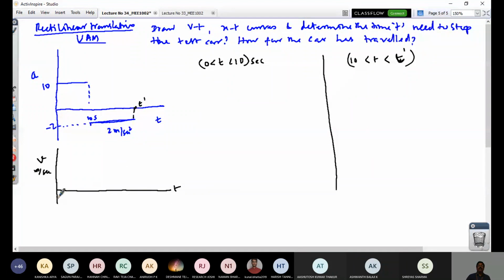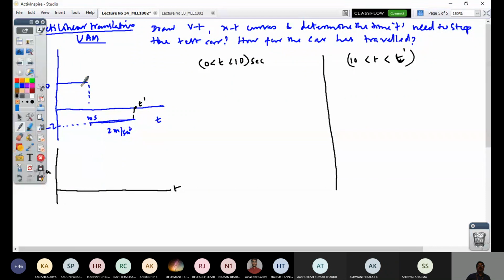Now what is my velocity variation? Since here it's constant acceleration, I know a is given by dv by dt, where a is not a function of time. So I can write dv equals a dt and integrate this from v0 to v, where v0 corresponds to t equal to 0, to t.